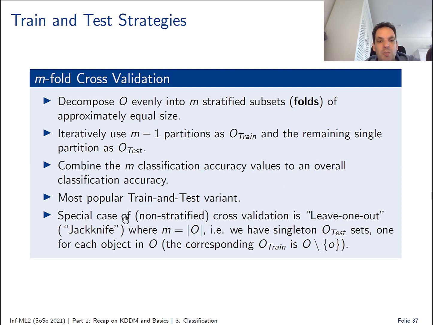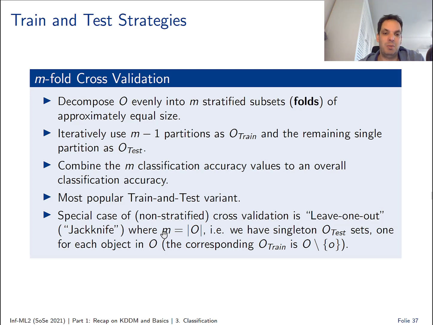There's a special case, especially for smaller data sets, which is a non-stratified cross-validation, the so-called leave one out, also known as the jackknife strategy. As the name suggests, we take just singleton sets for the test set. So for each object we have one fold, meaning that we train on m-1 objects, not folds in that case, but objects.